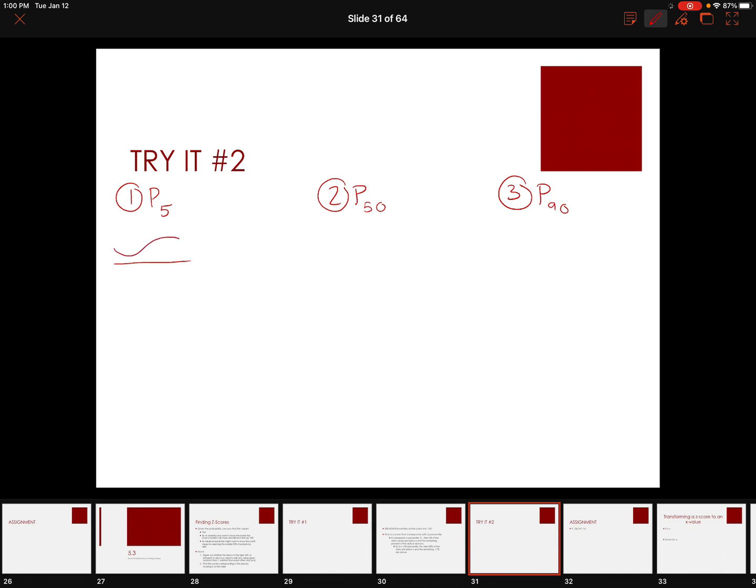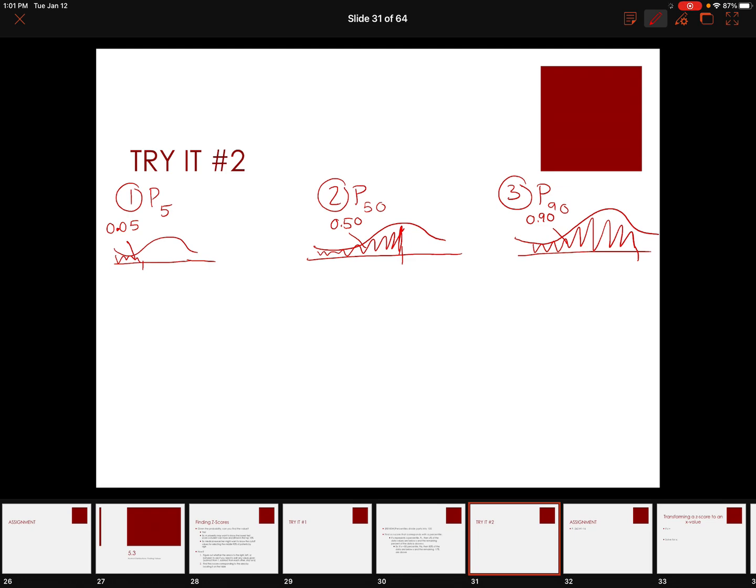So if I were to draw out each of these graphs, 0.05 would be to the left, and 95% would be to the right. This would be 50% to the left and 50% to the right. And this would be 90% to the left and 10% to the right.